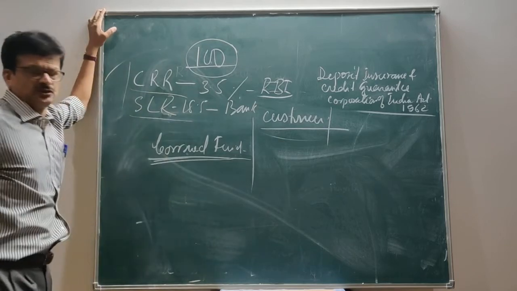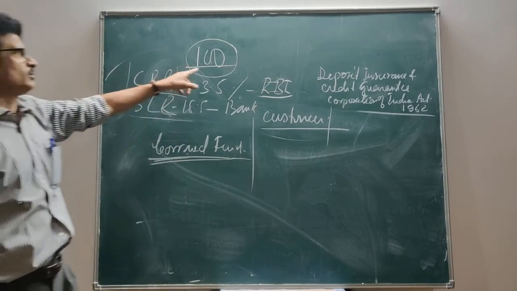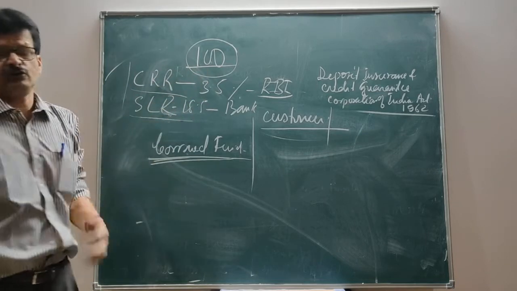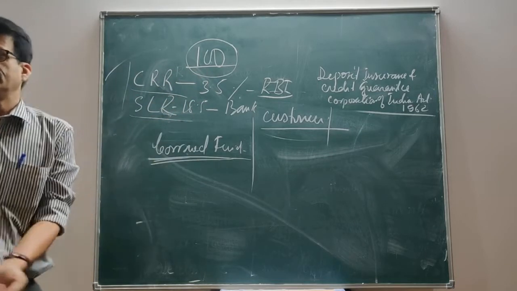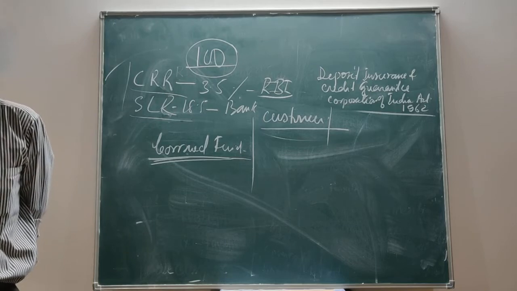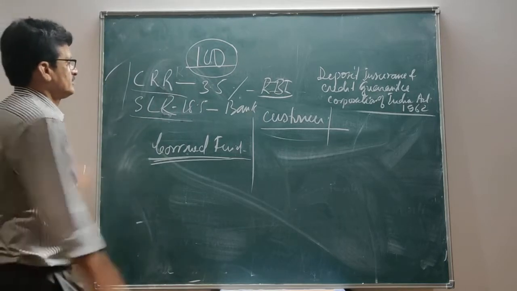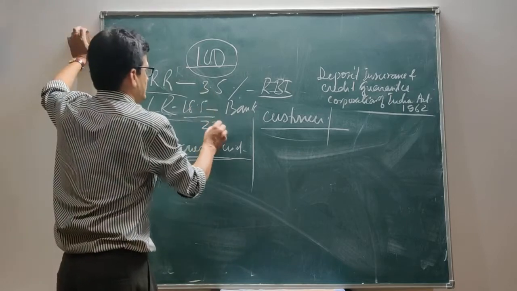Statutory liquidity ratio means that when the bank garners 100 crores, 18.5 crores should be with them only, to meet the regular day-to-day repayment or withdrawal needs of the customers. It comes to about 22 percent right now.